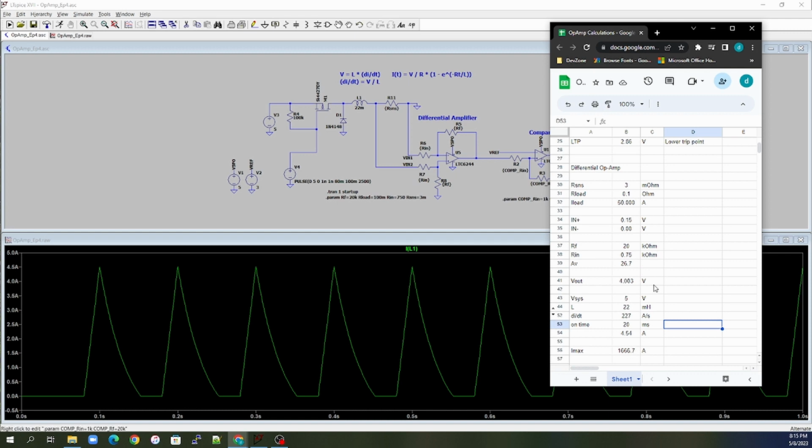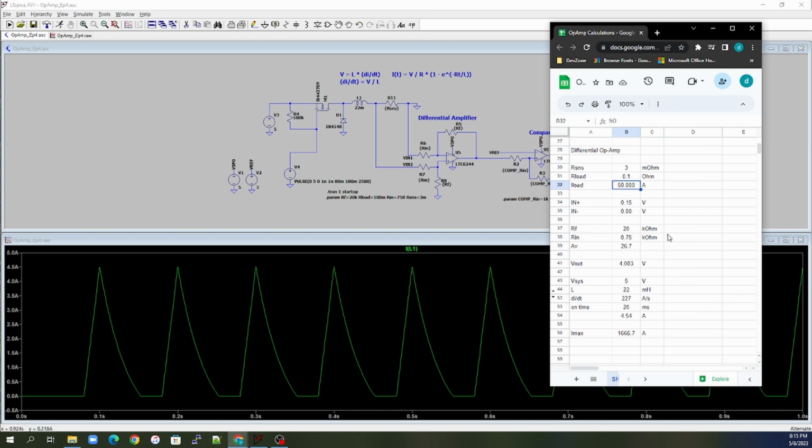But I'm using it for this because, remember, in the differential amplifier episode, we went ahead and set the differential amplifier to work with a 50 amp peak cutoff, right? That's what we were looking for. We were looking for the 50 amp marker, which was going to give us 4 volts out.